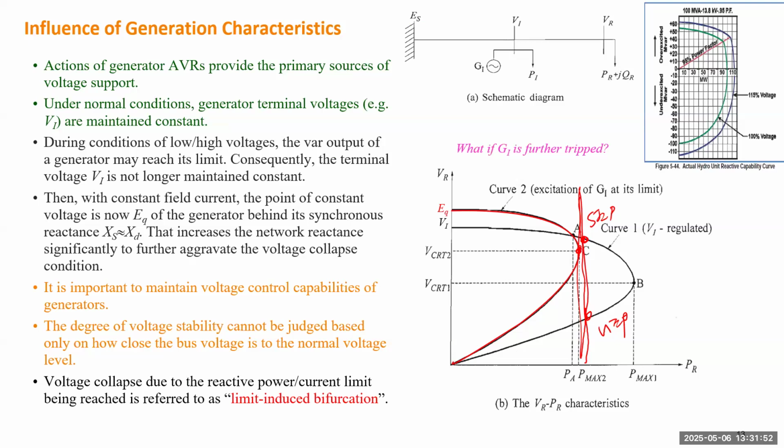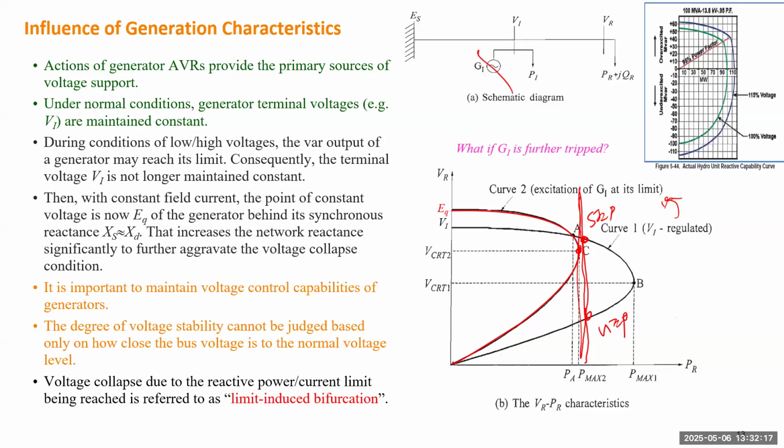There's another question we can ask. What if this generator is tripped? Okay, so now we consider one switch, which is when the field current reaches the limit, and PV curve 1 will switch to PV curve 2, right? And what if a second switch happened, which is the generator is tripped?